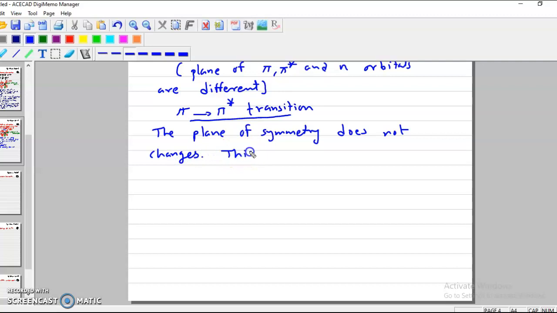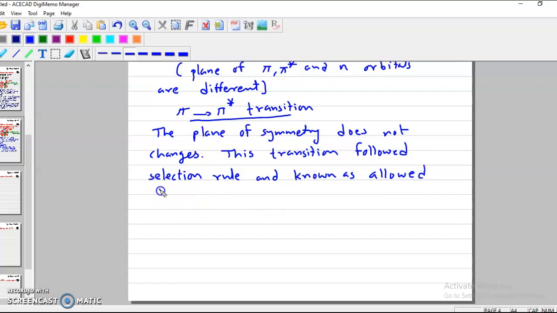Therefore, this transition follows the selection rule and is known as an allowed transition. In allowed transitions, the probability of transition is maximum.